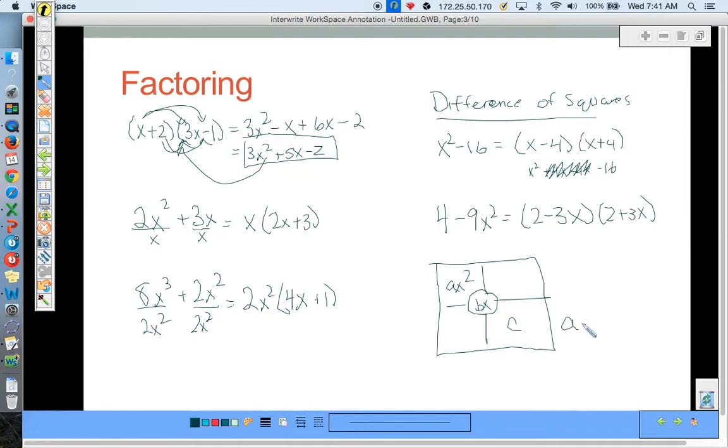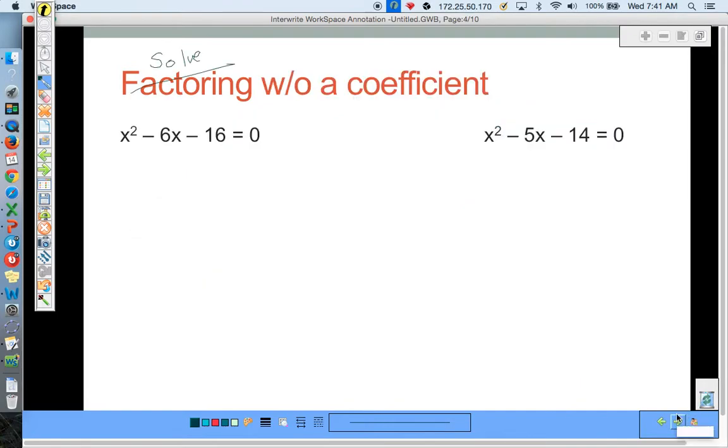On the outside, you multiply a times c, and you want 2 factors that multiply to ac, and they add to b. And then you put those numbers in here, and then you find the dimensions of the outside of your box.